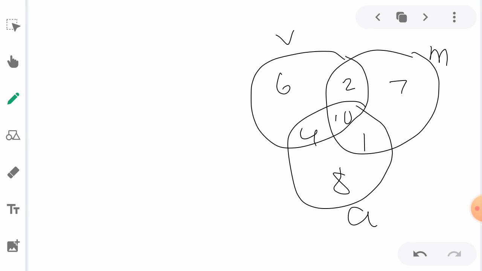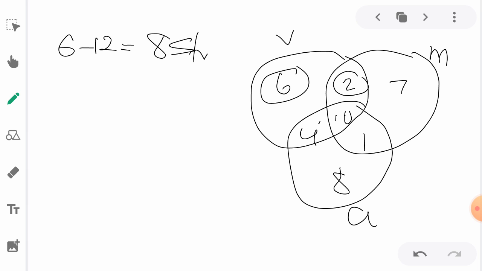Gonya is here and Victoria Falls here. So those who visited Victoria Falls, we are going to get only this part and this part. These are part of Gonya, also these are part of Gonya. So you only have 6 plus 2, which is going to give you 8 students. Don't forget to put the quantity. So you have 8 students, that's part A of 2.